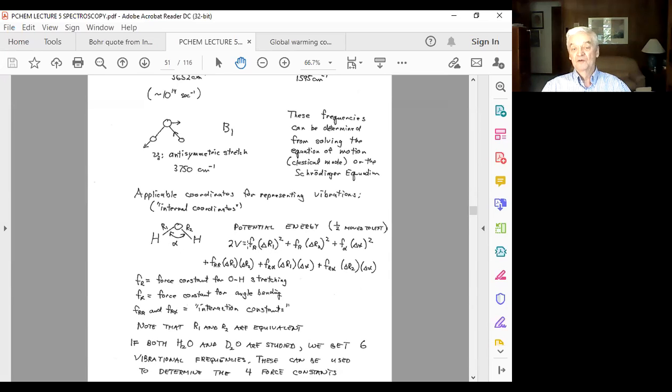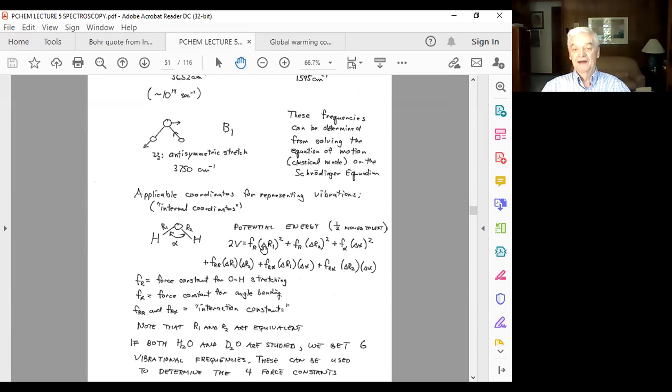And instead of writing 1/2 k x squared, I'm changing the k to a little f that stands for force constant. The subscript r means it's the force constant for a bond stretch here. And also, instead of writing a half on the right-hand side, I pulled a 2 to the left. That way I don't have to keep writing 1/2s all the time on the right-hand side.